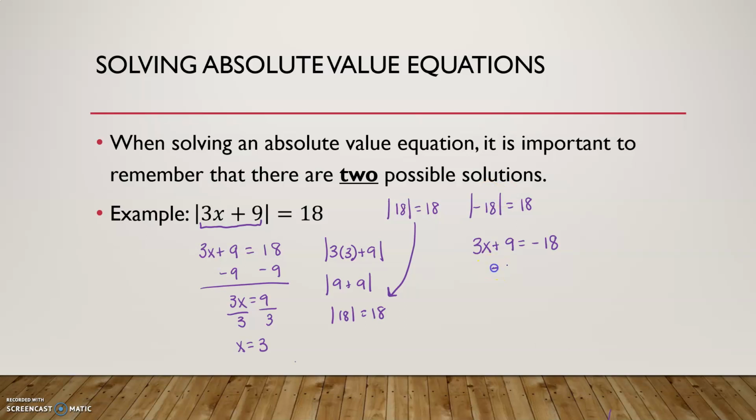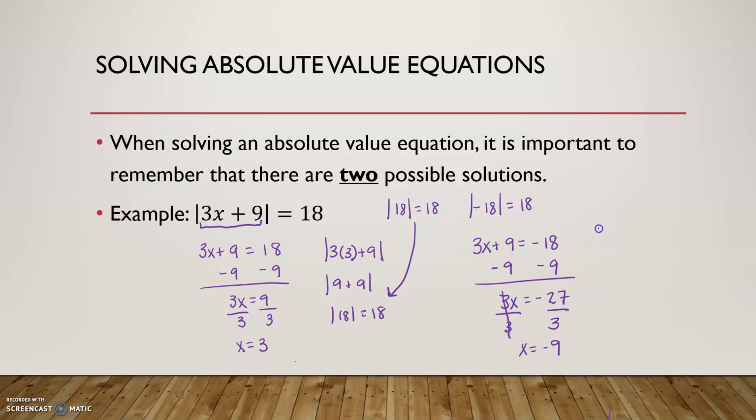So I'm going to have -9, 3x equals -27. Divide both sides by 3. And we get x equals -9.